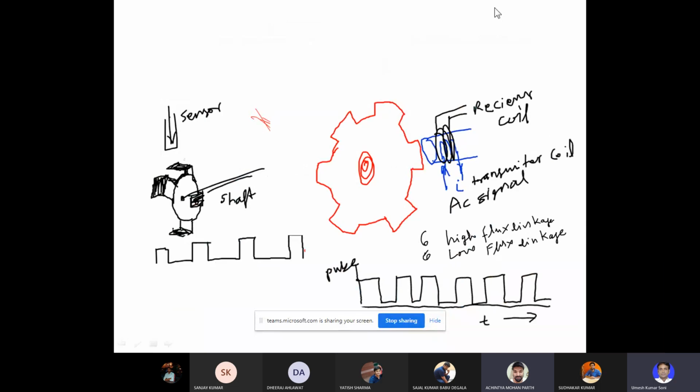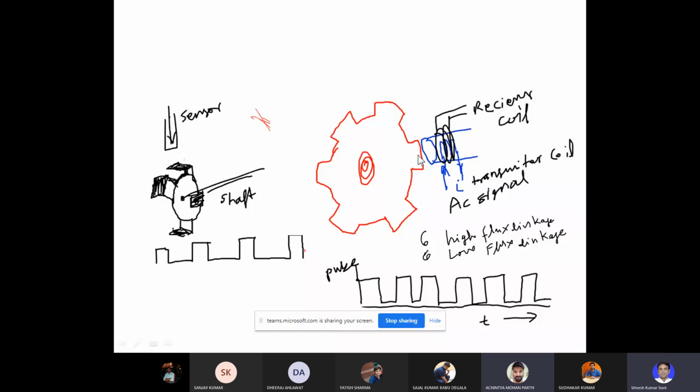So here you can see there are two types of positioning. One is the projected part is L shape, and another is in the same plane. So in same plane, when we have the same plane of disk, you can see here that blue color line shows the primary circuit, which is transmitter coil, and whenever AC supply is given here, and there is no flux linkage.